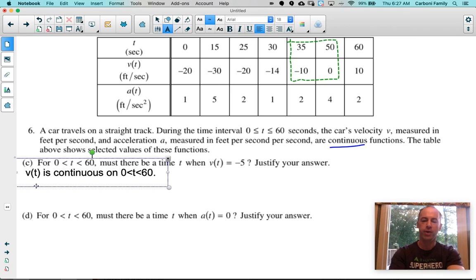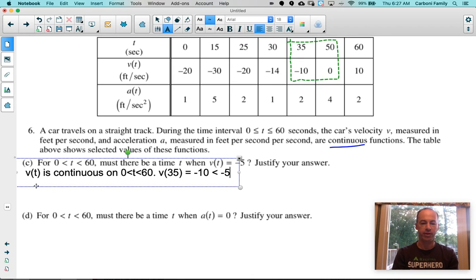Then I'm going to lay the groundwork that establishes the intermediate value theorem works, and that is at 35, my velocity at 35 is equal to -10, and really the important part is that that is less than -5. I want to tie it to the value I'm trying to achieve.